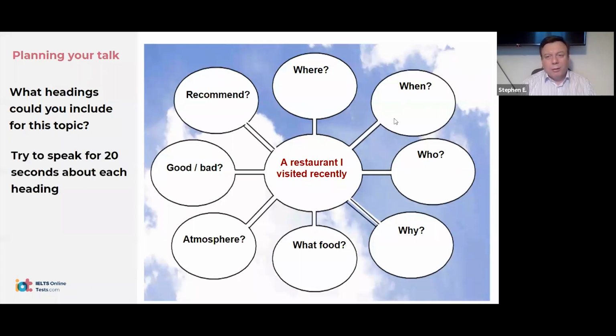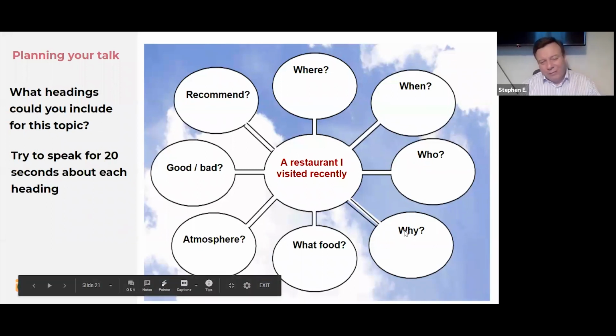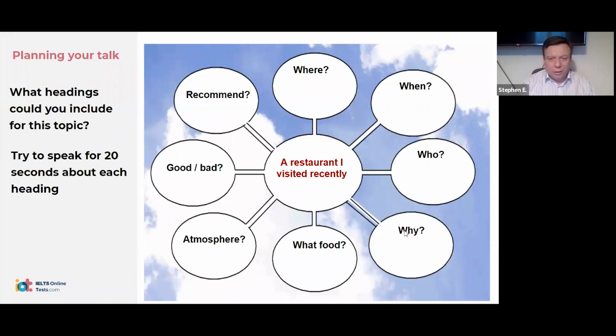So here we've got quite a lot of bullet points. So you'd be speaking, let's say 15 seconds on each bullet point, or fewer than maybe 20 seconds about each heading. And then you can use linking expressions, add details.